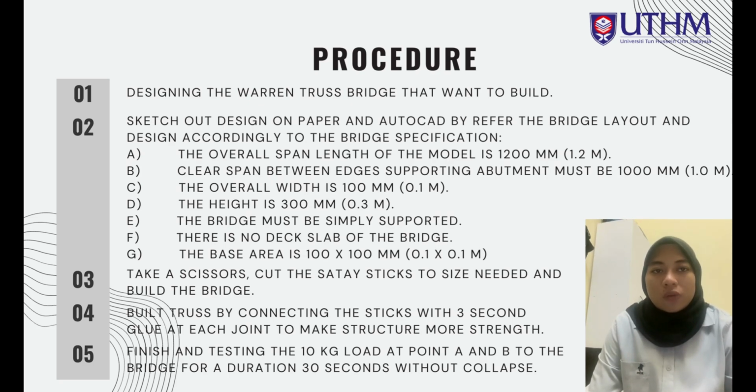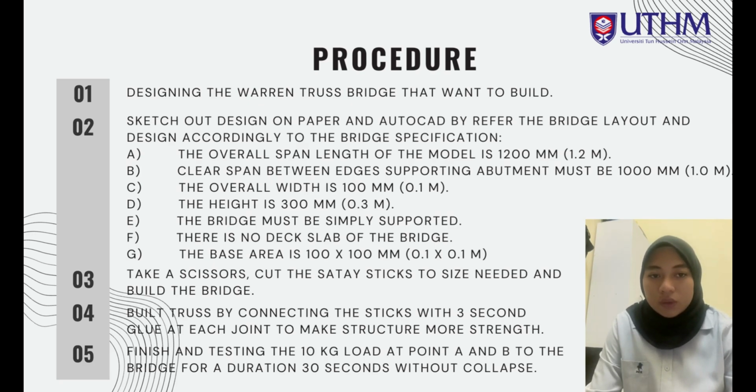And then after we sketch it out, we take scissors, cut the sticks to the size needed, and build the bridge. And next is to build the truss by connecting the sticks with second glue and string curtain at each joint to make the structure stronger.